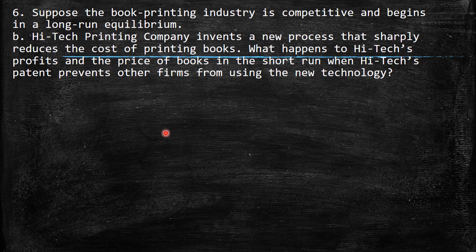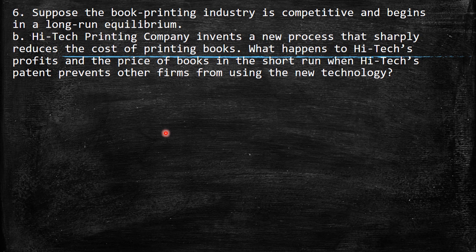A high-tech printing company invents a new process that sharply reduces the cost of printing books. So here, what you can think about is that your variable cost is going to reduce, but we are in the long run anyway, so the total cost is going to reduce.